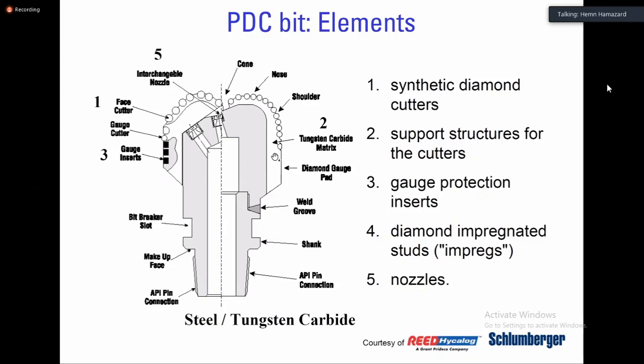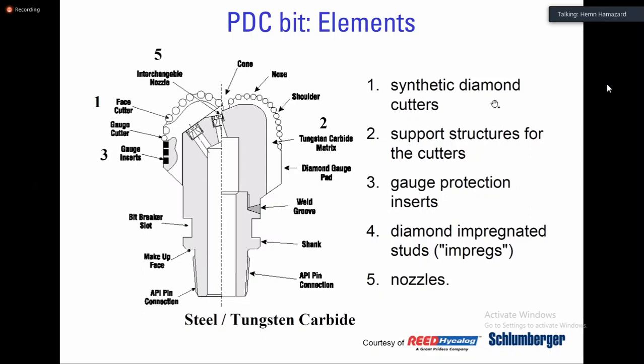For example, every time you use an 8.5 bit and you see the biggest part of the damage is on the cone and the nose, you as a drilling engineer need to look after this for future wells. You can collect the data to find out why these two parts have the biggest share of the damage, so you can improve and improve and minimize the number of runs of the bits.